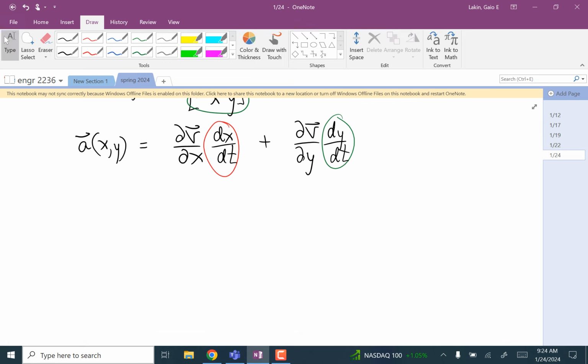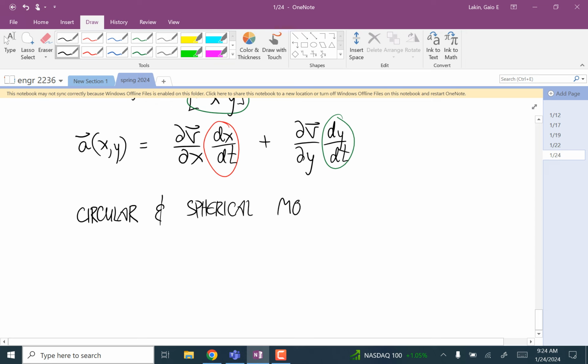So last time we started talking about circular motion and spherical motion. I want to start with an example.